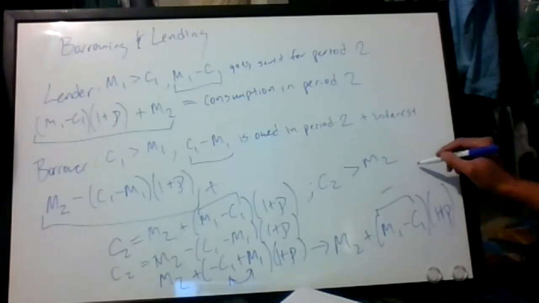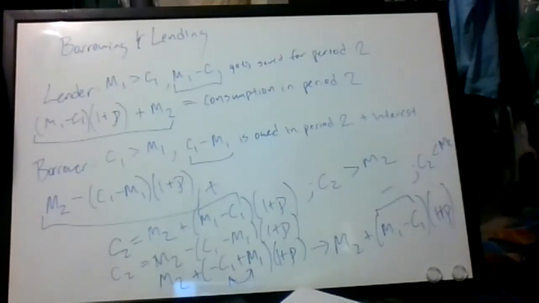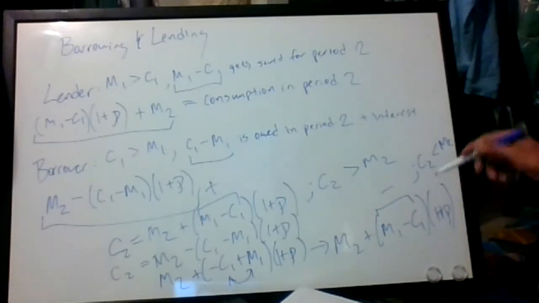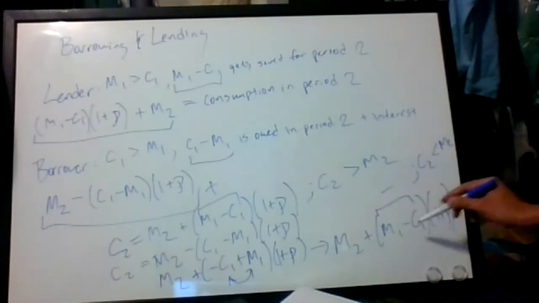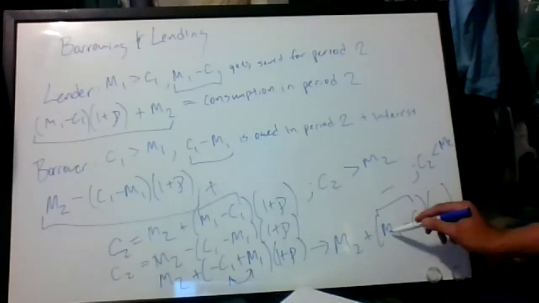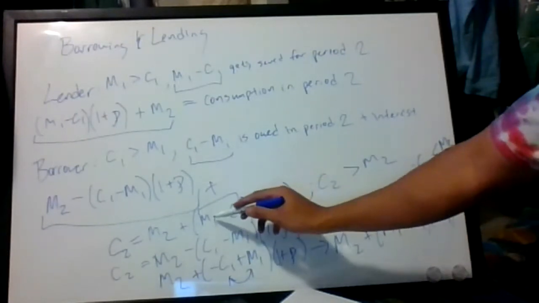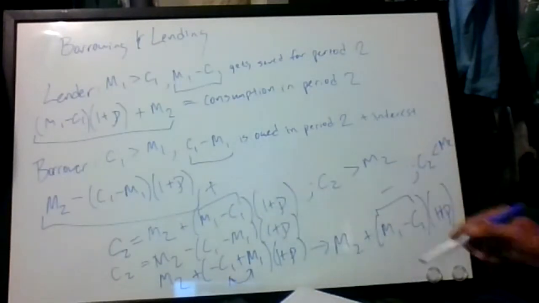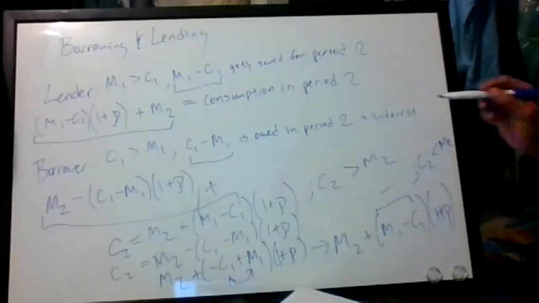And so that means C2 is less than M2. And I apologize for the messy nature of these notes. But hopefully you can see what I mean when I write these equations down: if you're a borrower, this value will implicitly be negative, and this value right here will implicitly be positive. And so that's going to determine what C2 is relative to M2.